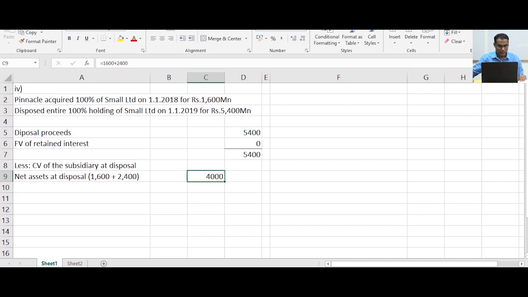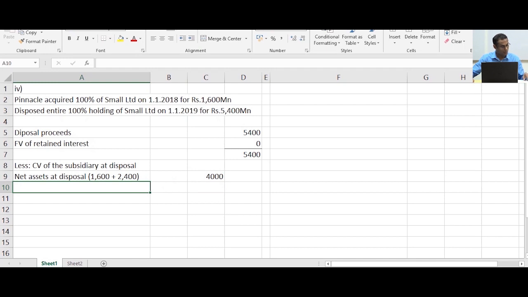Then the goodwill of the disposed subsidiary is to be derecognized, but in this situation you should understand there is no goodwill generated by acquiring Small Limited, because Small Limited was acquired at its incorporation on 1st January 2018. Normally when a subsidiary is acquired at incorporation, there is no goodwill figure. Goodwill arises if you acquire a subsidiary which is in operation.